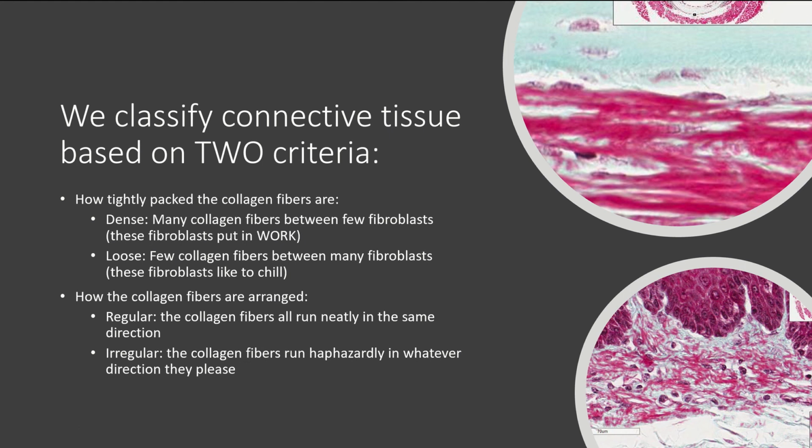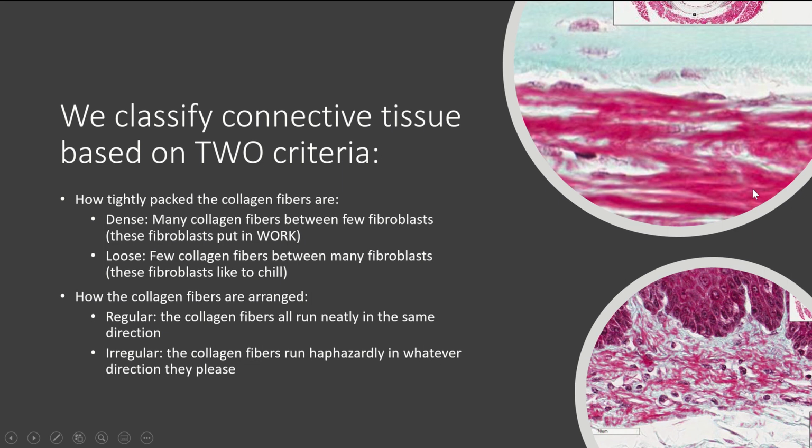And so the way that I think about dense and loose connective tissue is how hard those fibroblasts are working. If it is dense connective tissue, these fibroblasts are working very hard. It means they are putting out and secreting and making so much collagen compared to how many fibroblasts there are. So you can see here, this is a picture of dense connective tissue. Here you can see there's one little nucleus of a fibroblast.